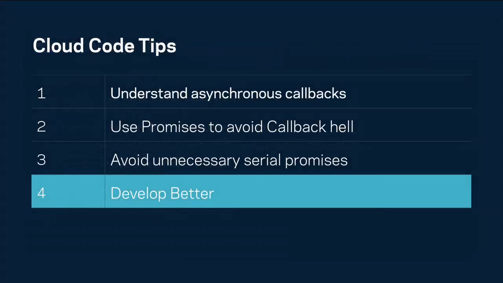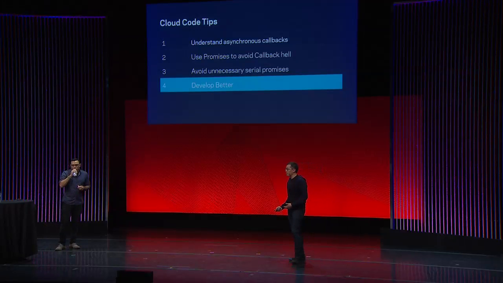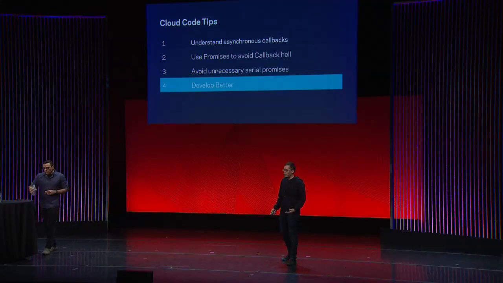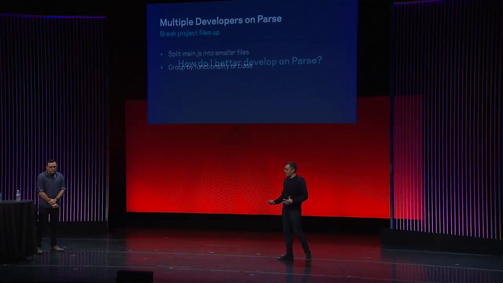Cool. All right, so another common question is, how do you develop better? If you're building or working on an application on Parse with multiple people, it's pretty common to try to figure out how you not step on each other's toes. A very common way to do this is to split up your main.js file.